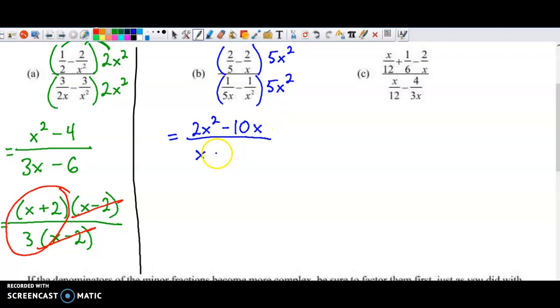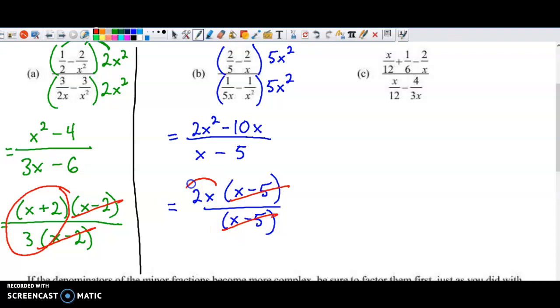You still have one though. But then if you look in the numerator, you can factor out a 2 and an x, and when you do that, you can actually cancel out with the x minus 5 on bottom. So what's that final answer? It's simply 2x, or 2x over 1, but that should be good.